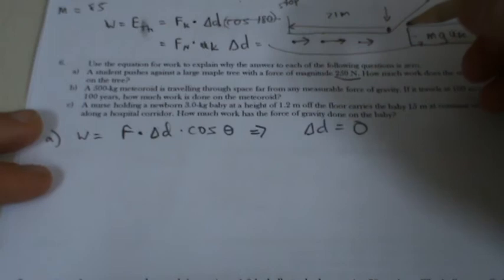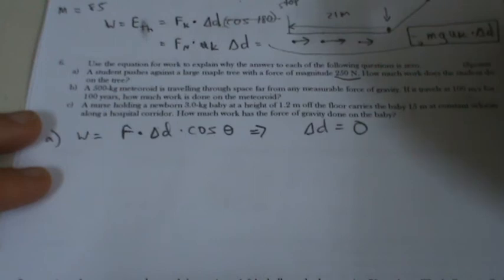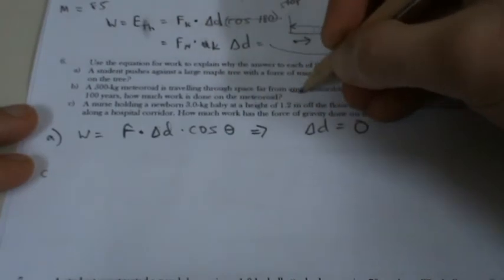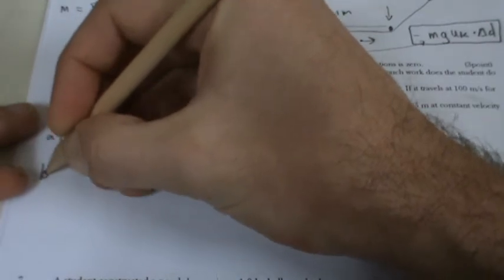Now, it says a 500 kilogram meteorite is traveling through space far away from any measurable force of gravity. If it travels 100 meters per second for 100 years, how much work is done on the meteorite? It is 0 because there's no force on the meteorite. It says in the question, it is far away from any measurable force of gravity. So if it can't be measured, it's not there, apparently.